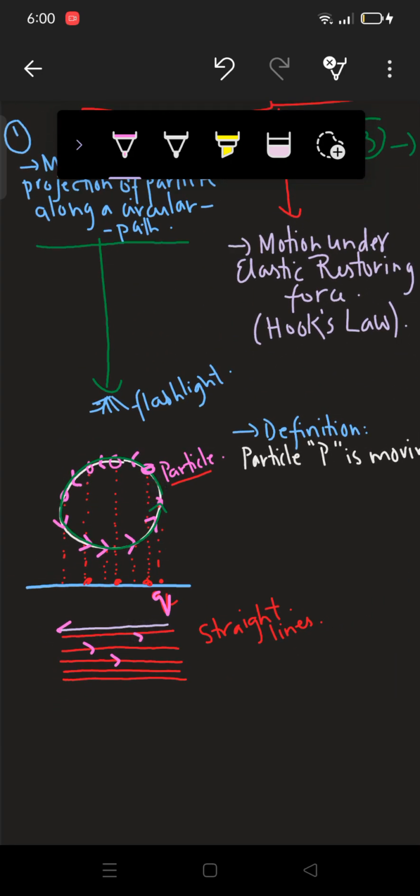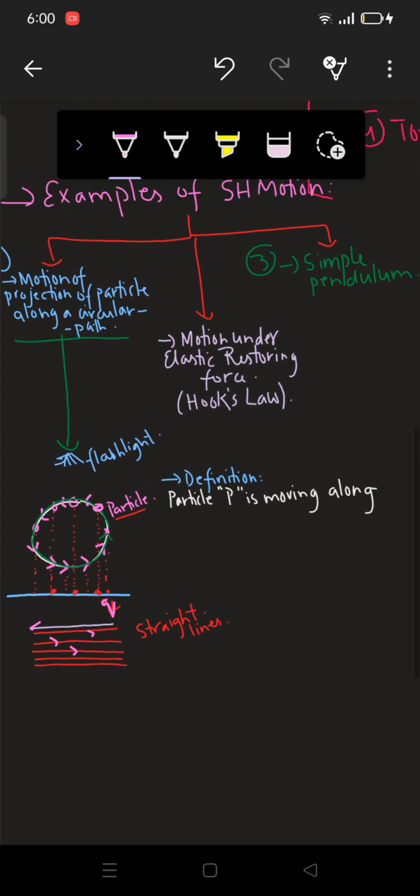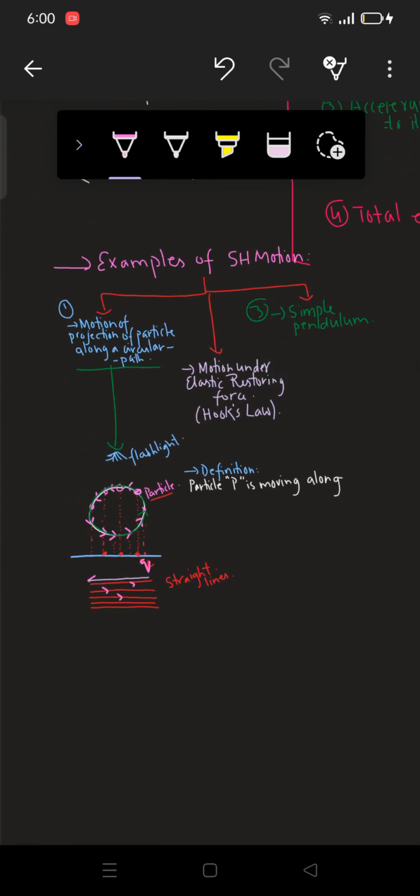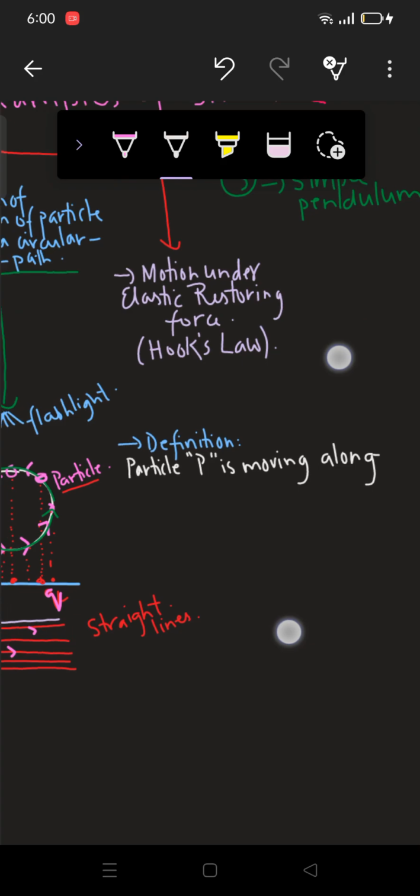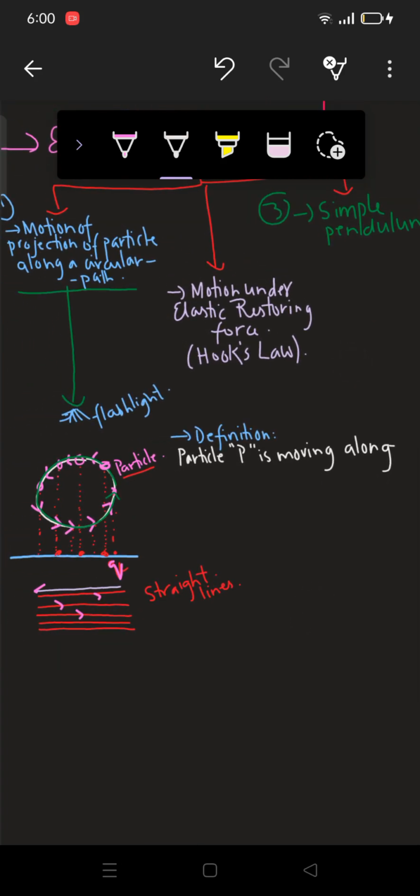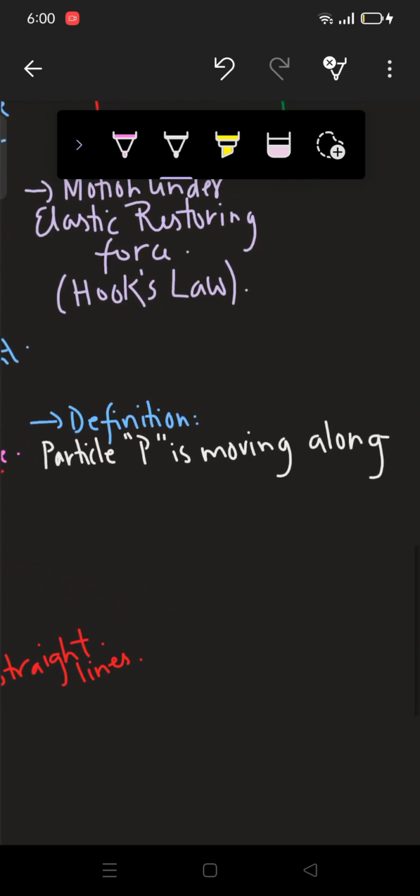The particle will of course be following uniform circular motion, but the projection, or shadow, of the particle will follow simple harmonic motion along a circular path, right? So now we were writing the definition of the motion of the projection of a particle along a circular path. Let's continue with it.